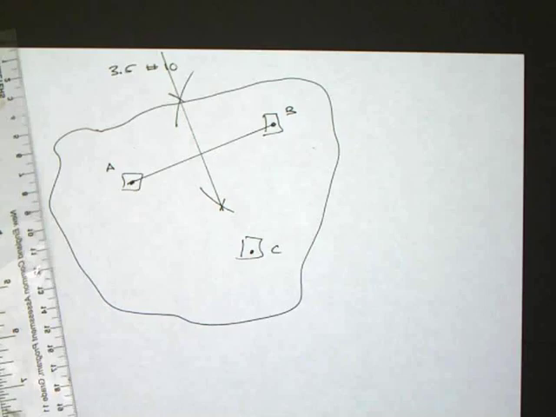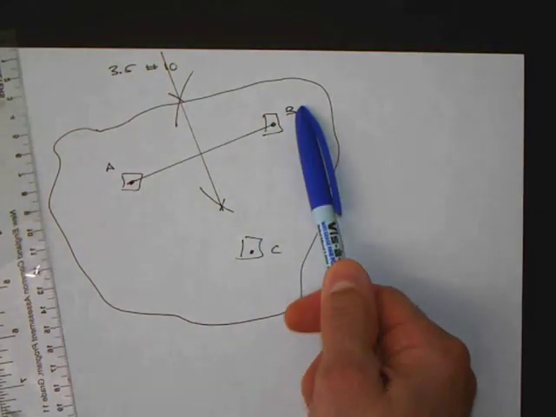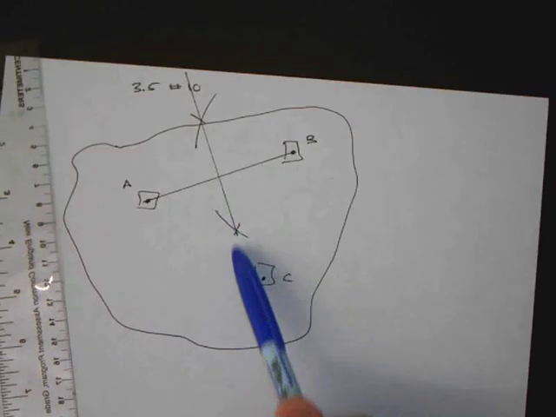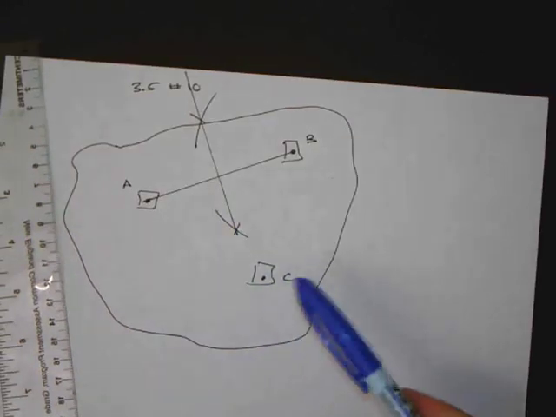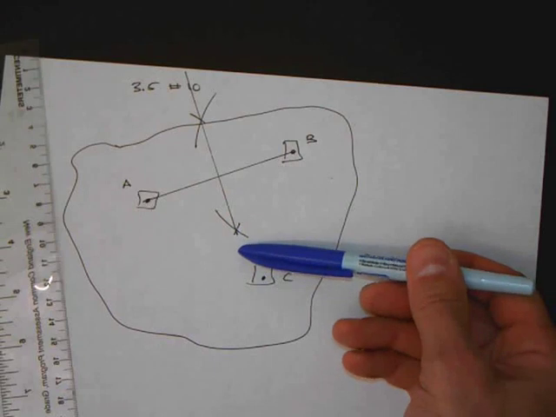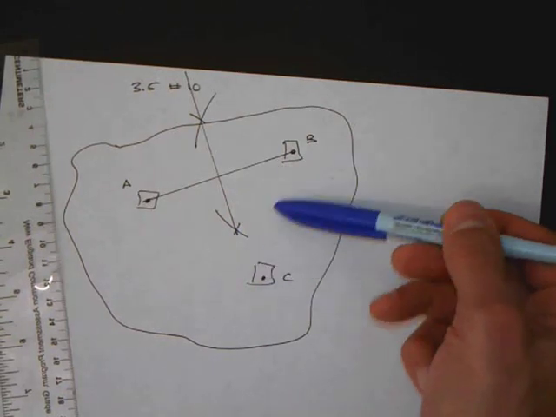So now, anything on this side of that line goes to B. Anything on this side goes to A. Now, how come I didn't draw the line all the way down here? We're getting closer to C. So, how do we decide between, say, B and C?